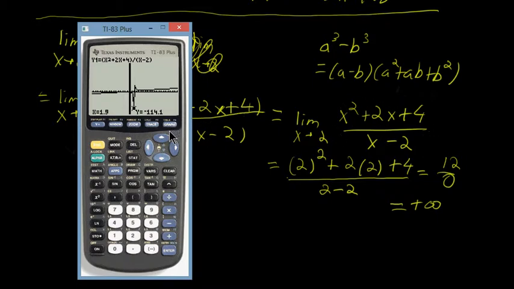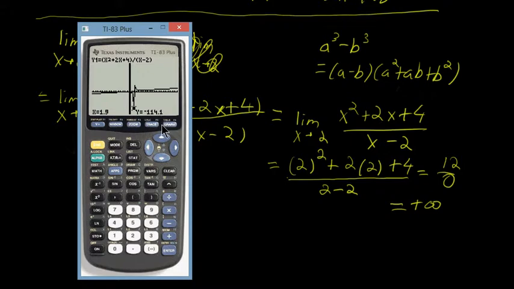And we would be tempted to say it's positive infinity, but if you look as x approaches from below, from 1.5 to 1.9, the function drops from negative 18.5 to negative 114.4.